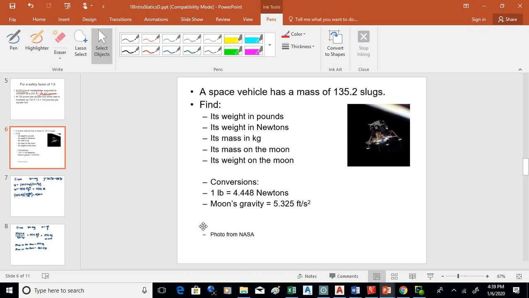We're doing all right with that? So what we're going to have to do is use the gravity to convert this mass into weight.